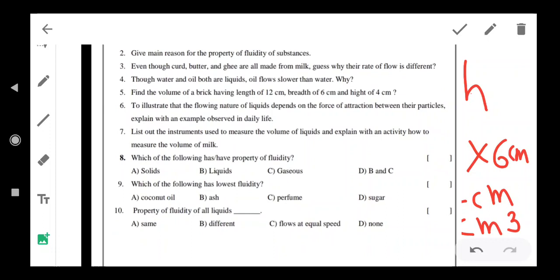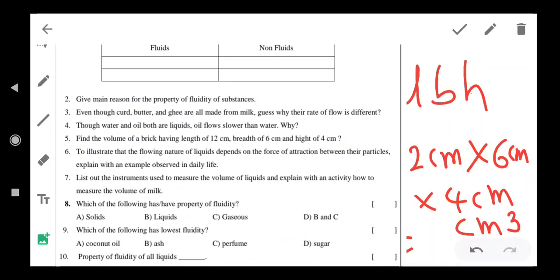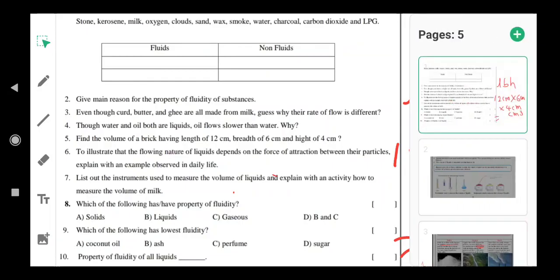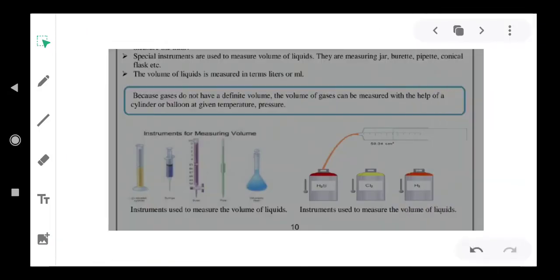Okay, we'll go for next one, seventh one. List out the instruments used to measure the volume of liquids and explain with an activity how to measure the volume of milk. So for solids we find the volume with the formula of L into B into H, but milk is a fluid, so we can't measure with this. We have to measure the milk with some instruments.